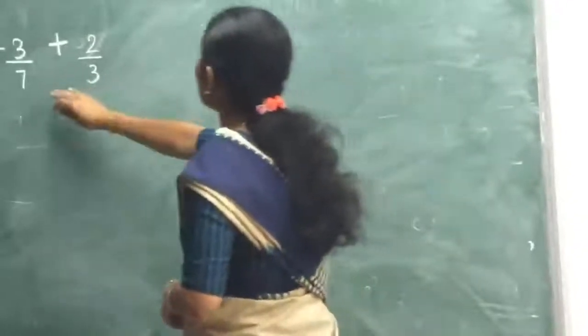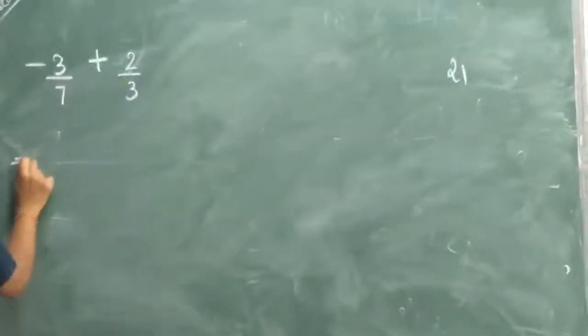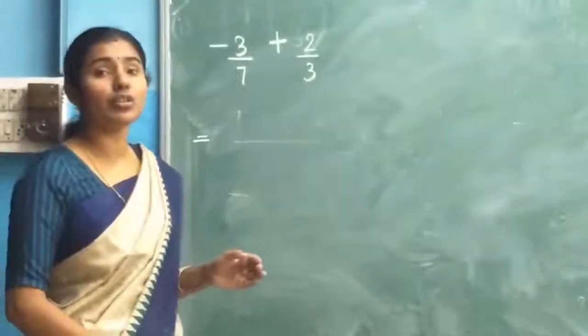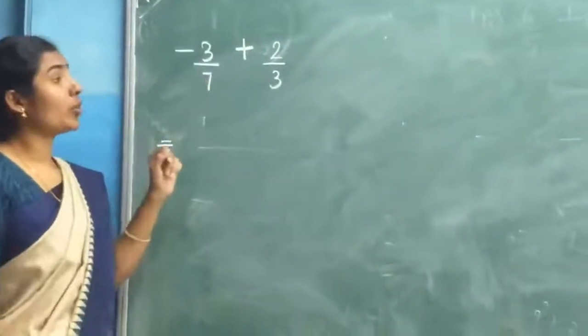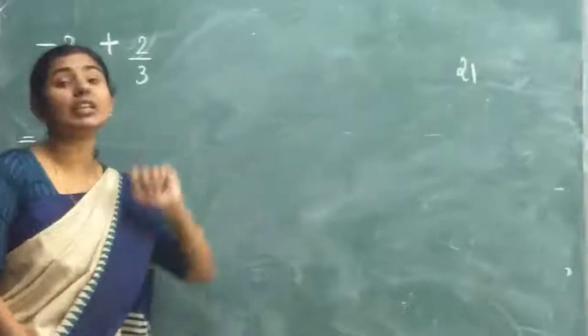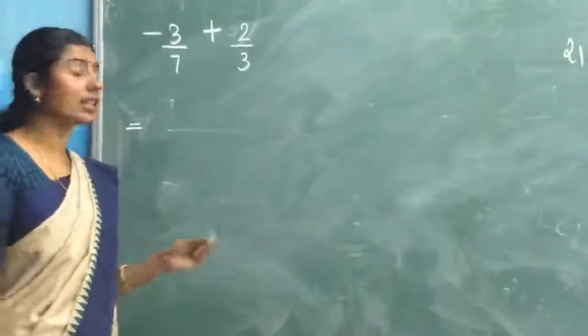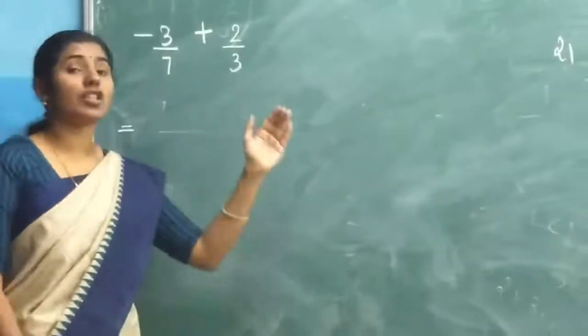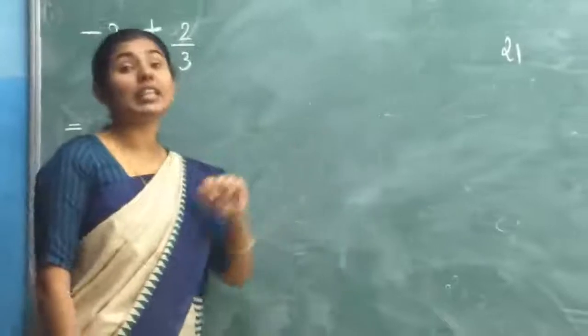The LCM of 7 and 3 we are getting is 21. Now, what should you do in the next step? After finding the LCM, make the denominator 21. For each rational number, you should make the denominator 21.